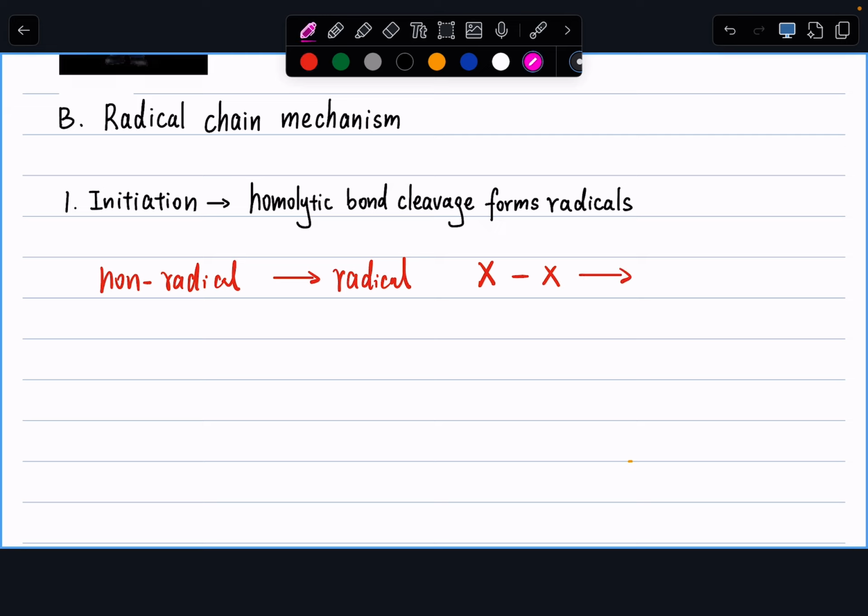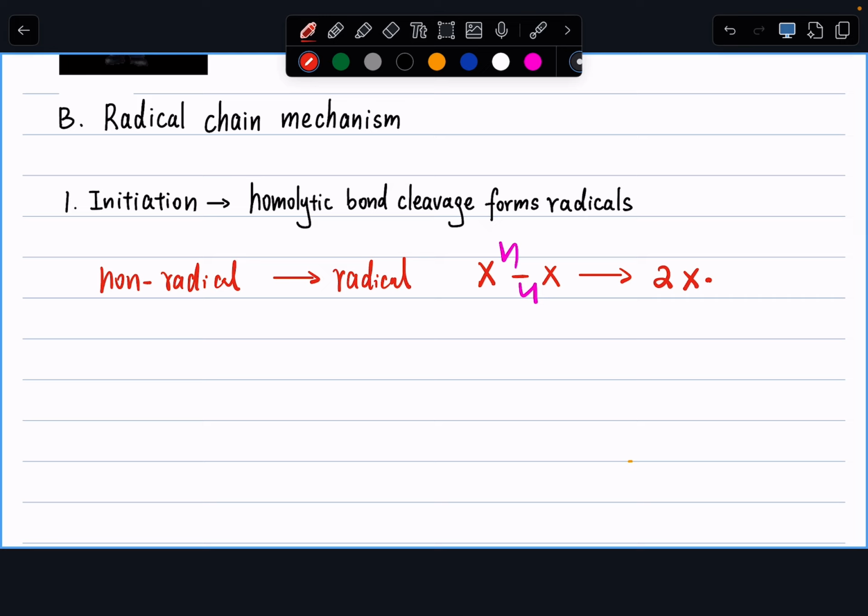Homolytic cleavage would mean one electron goes to the left X and the other goes to the right X. We end up generating two X dots. Initiation is non-radical to radical. We're cleaving a covalent bond to form radicals.